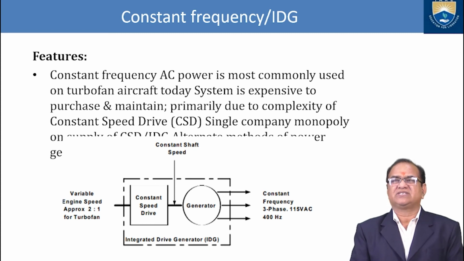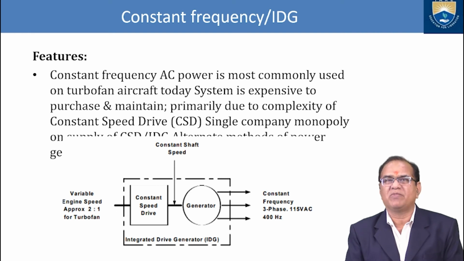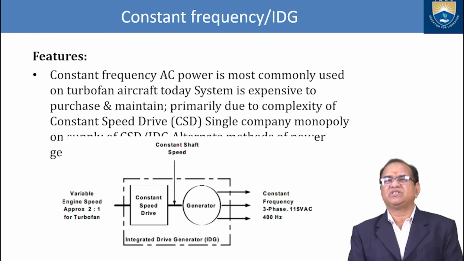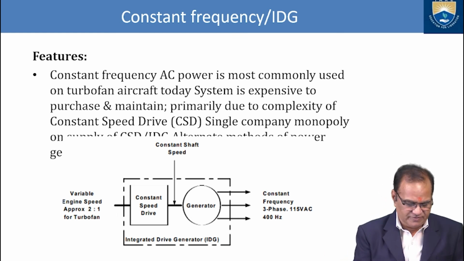Today, the system is expensive to purchase and maintain, primarily due to the complexity of the constant speed drive. A single company monopoly exists in this. If you see this diagram, here is the constant frequency, constant speed drive.